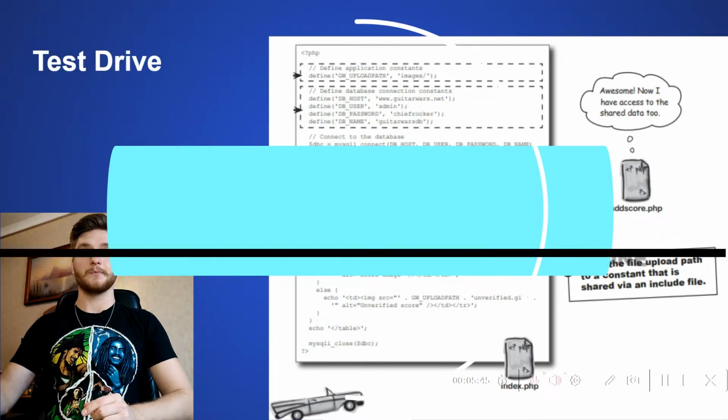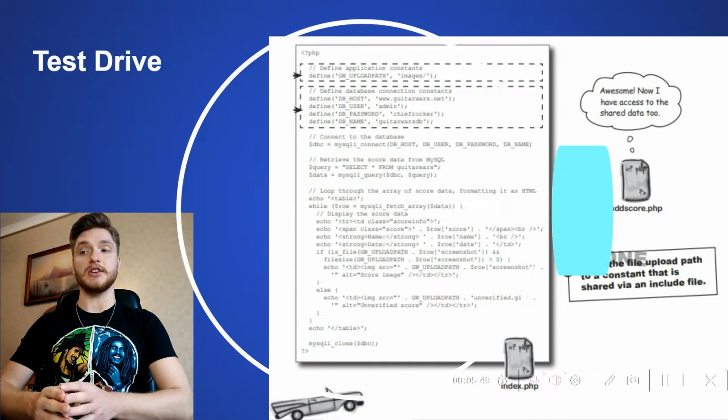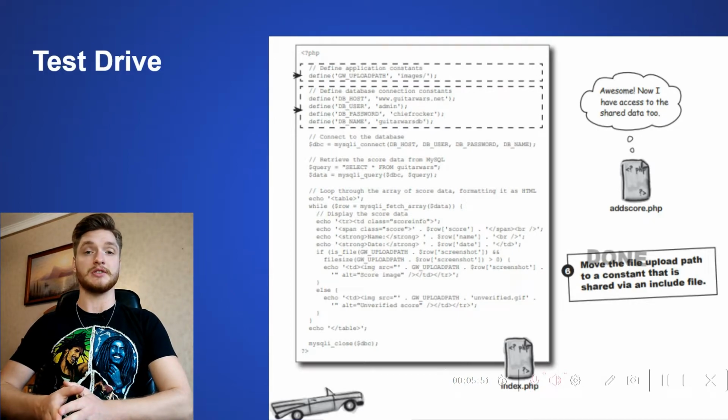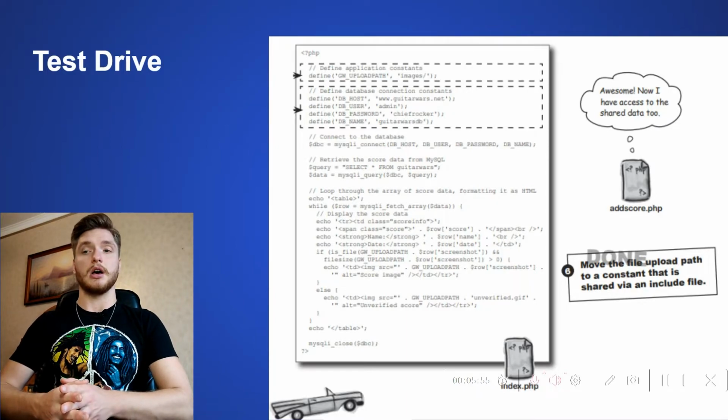Test drive. Create two include files for guitar vars and then share them among the other scripts. Create a new text file. Name the files appvars.php and connectvars.php and enter the code for them shown on the facing page.